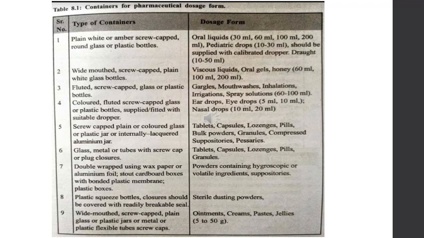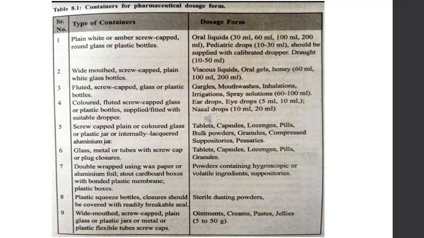Like we take an example of plain white or amber screw capped round glass or plastic bottle. We can fill oral liquids, pediatric drops, and again it has a calibrated dropper along with the container.